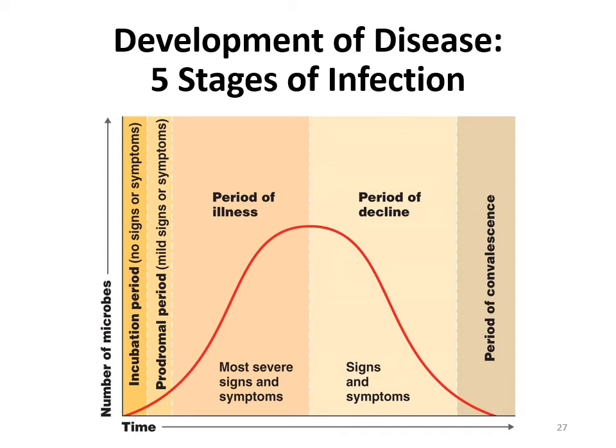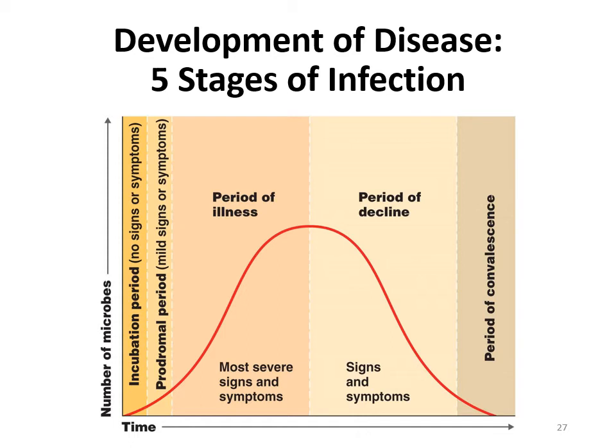Okay, why is that? Because think about it, at this point, now you have become immunocompromised, right? So if you're immunocompromised, what can happen? Opportunistic pathogens.